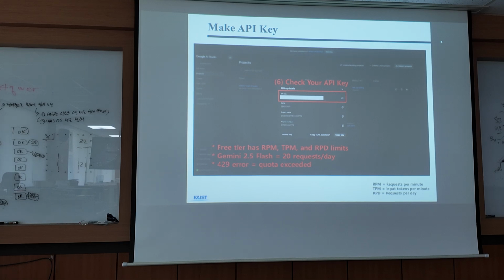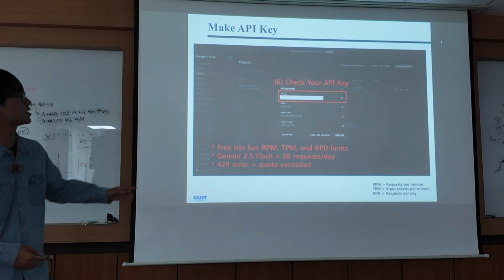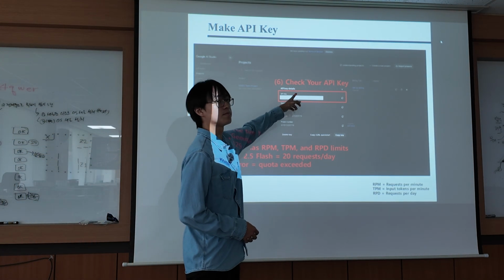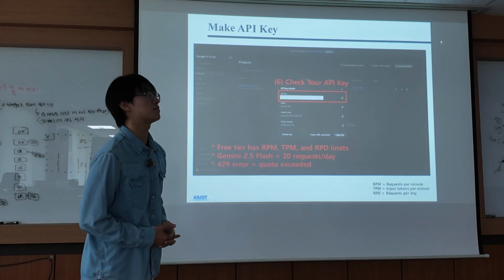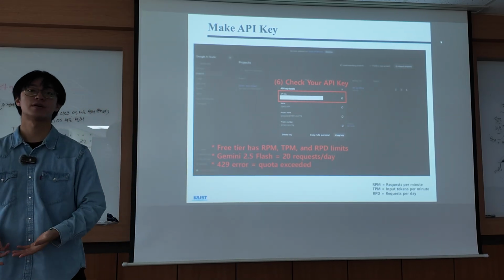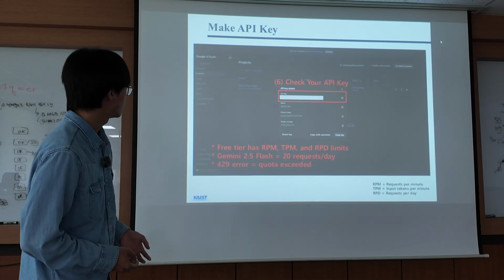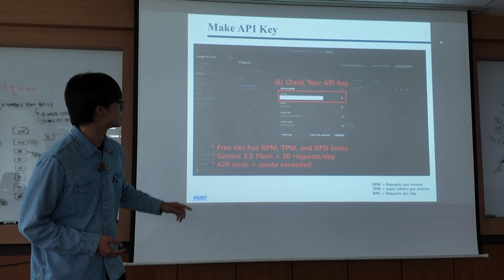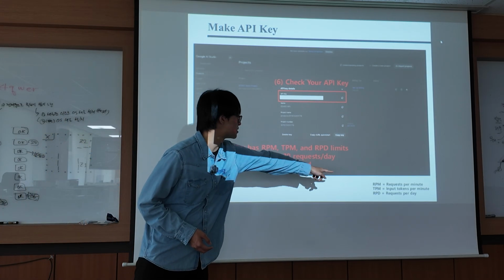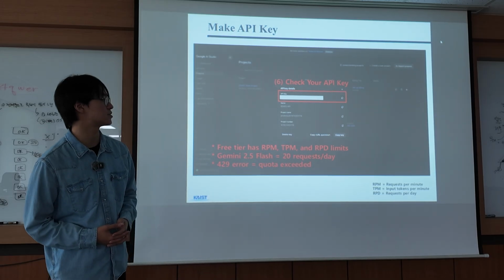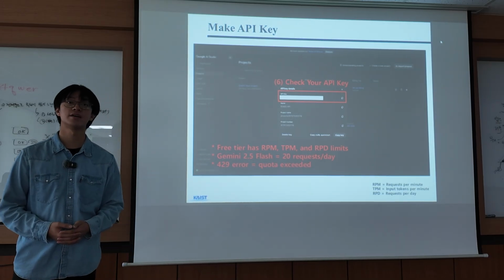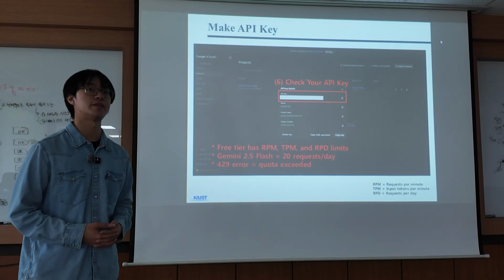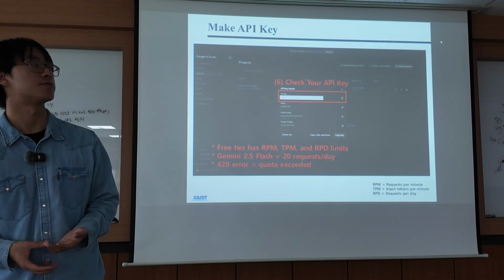Following this, you can check your API key in that pop-up dialog, and you can copy it and use it when you implement the code. The free tier has some limitations like requests per minute, input tokens per minute, and requests per day. So you should check those limitations and be aware of them.